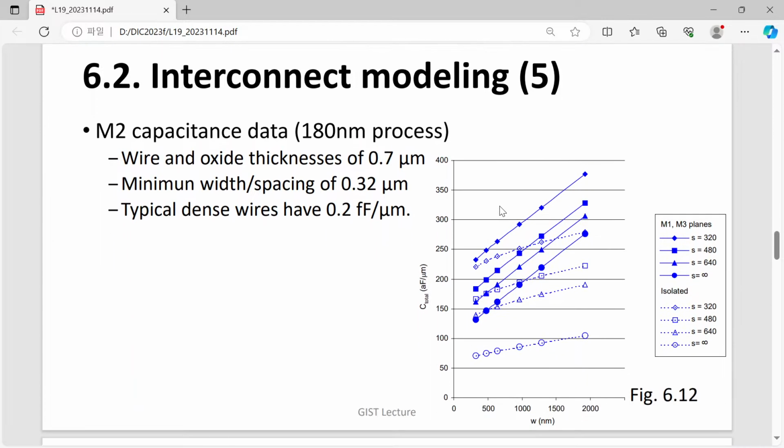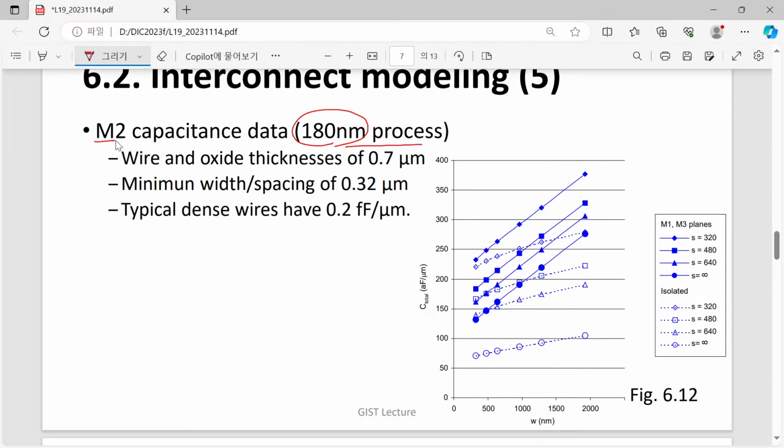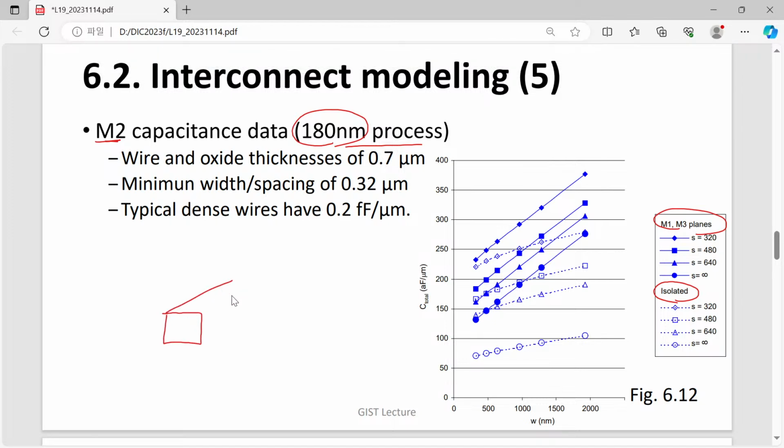Here we have one data from an old technology like 180 nanometer technology, and here we have M2. Please have a look at this figure, but the point is here we have isolated one and M1, M3 planes one. It means that we just consider one lonely metal line.